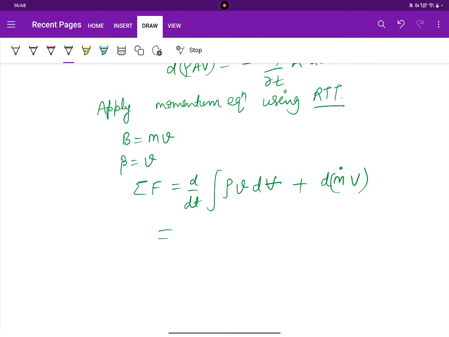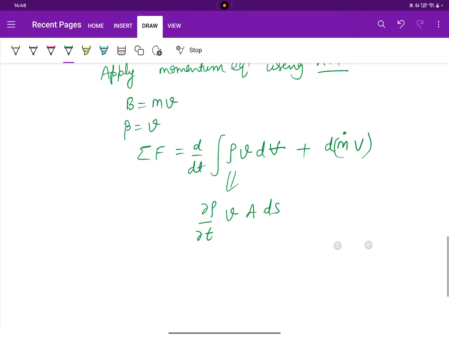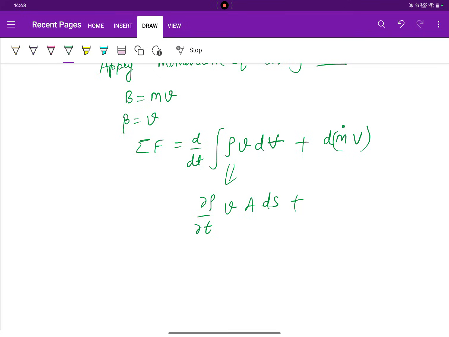So how can we approximate this? Tell me. Partial rho by partial t into velocity, and this is A into ds, and plus dm dot into v.